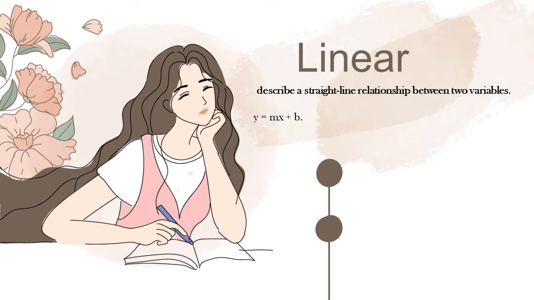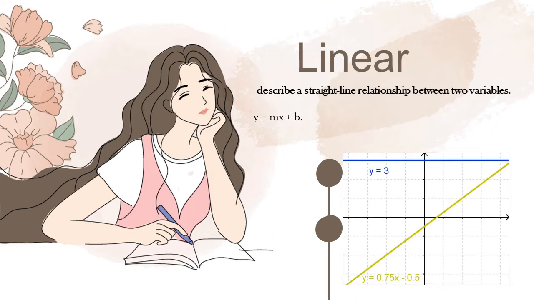A linear relationship or linear association is a statistical term used to describe a straight line relationship between two variables. A linear relationship can be expressed either in graphical format or as a mathematical equation of the form y equals mx plus b. And here is an example of a linear.